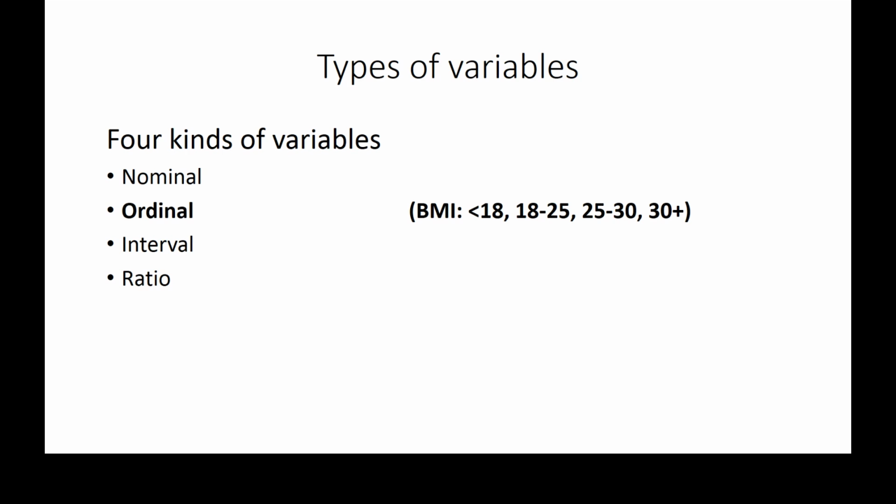We could be comparing somebody with a BMI of 18.5 with somebody with a BMI of 29.5, or we could be comparing one person with a BMI of 24.5 with a person with a BMI of 25.5. So we don't know the difference. We know it's more, but we don't know how much more. For example, taking a mean in such a situation is not very meaningful.